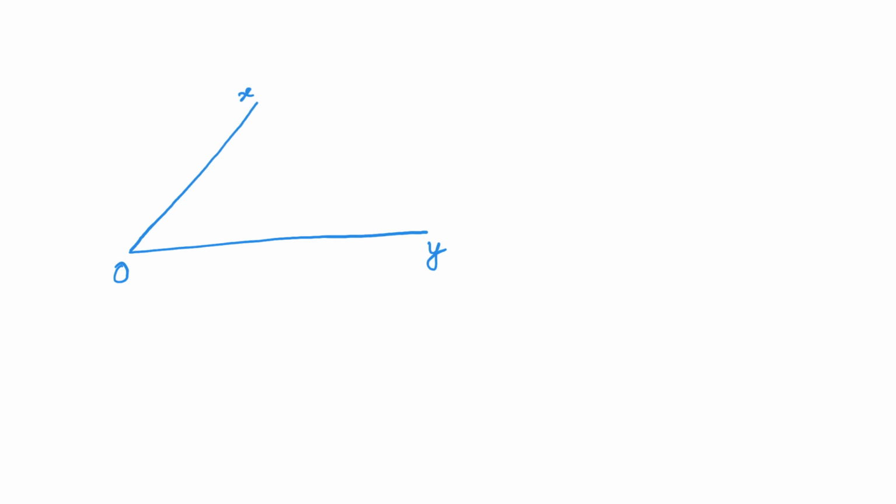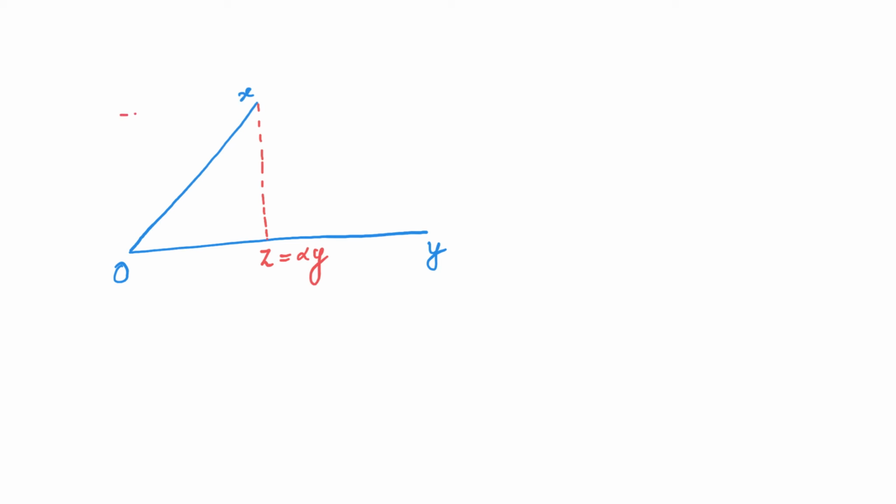Now we will derive the connection with projection using the idea of perpendicularity. Let x and y be two non-zero vectors in Rn. Then draw a perpendicular from x to the line joining 0 and y. This point z is some scalar multiple of y. Therefore, let it be alpha times y.